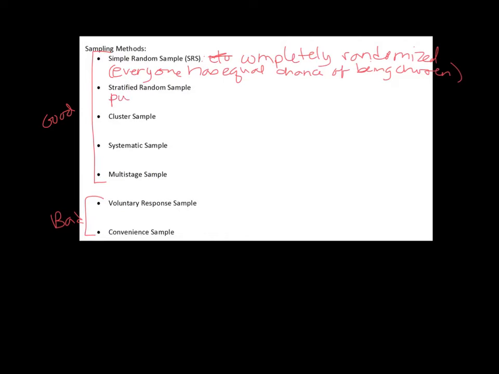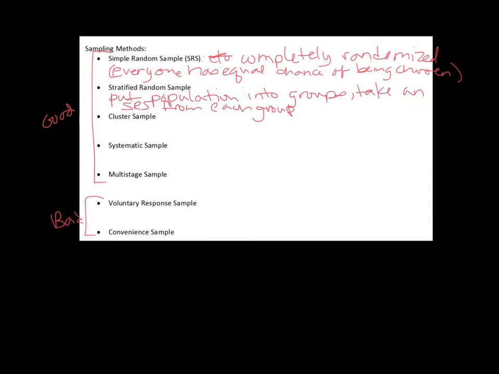So we'll put the population into groups. So this, for example, would be if that example that had the high school in it, they were looking for 100 people.